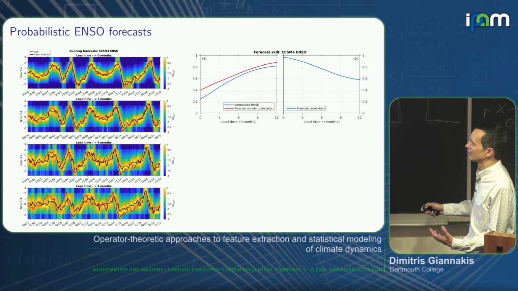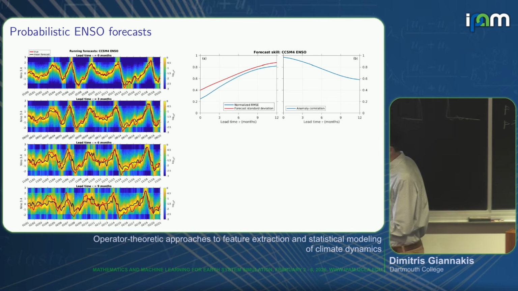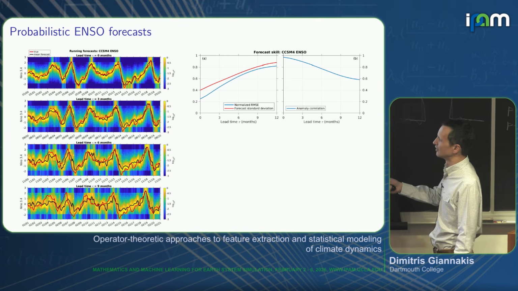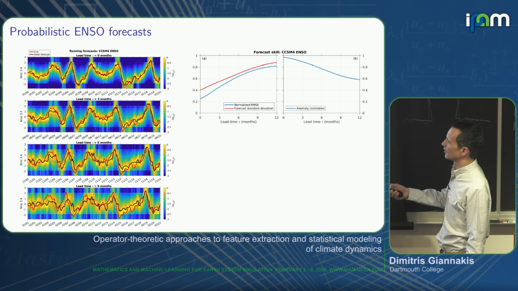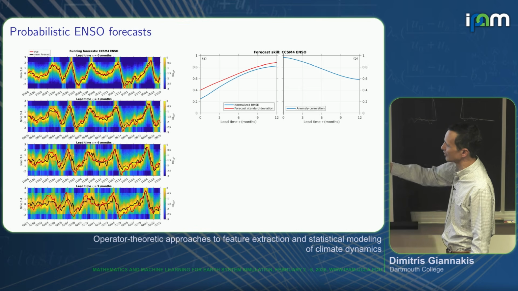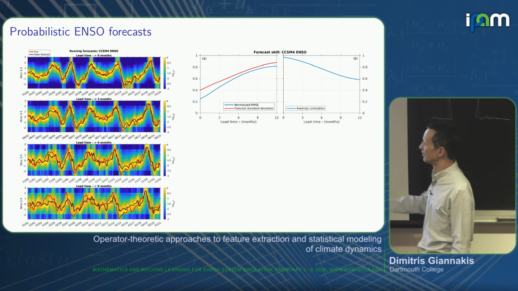You can query the state to get, for instance, predictions of the mean, of the variance, and here of the probability density for the Nino 3.4 index. As you expect, the lead time is going downwards in this diagram.